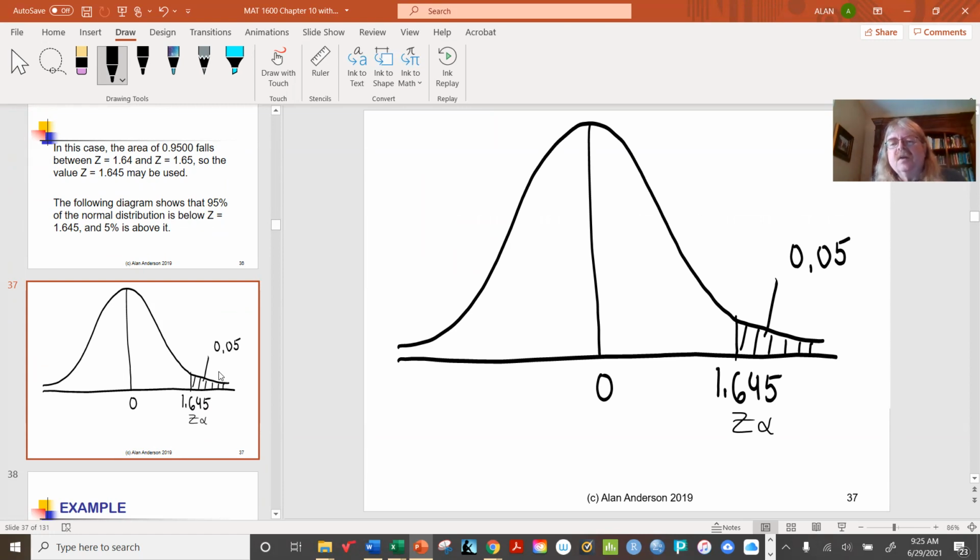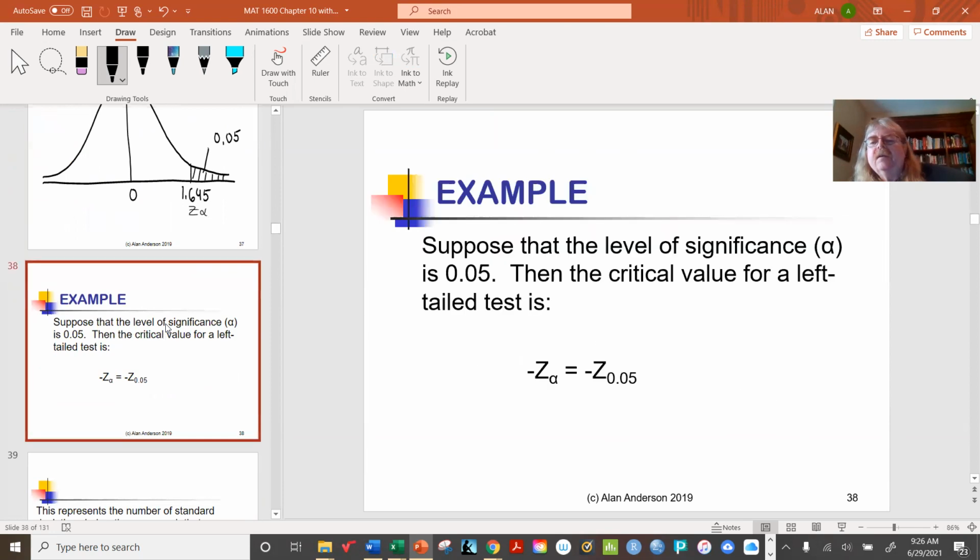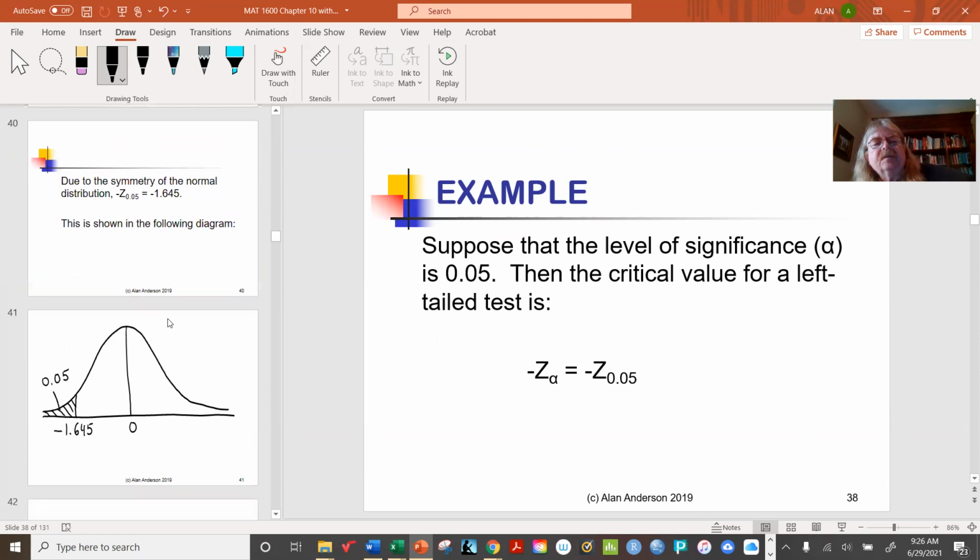That's the benchmark that we will use to determine if we should reject the null hypothesis. What if we have a left-tailed test, though? Then we just use the negative of the right-tailed test. It's the same value for the z-score or critical value, it's just negative.